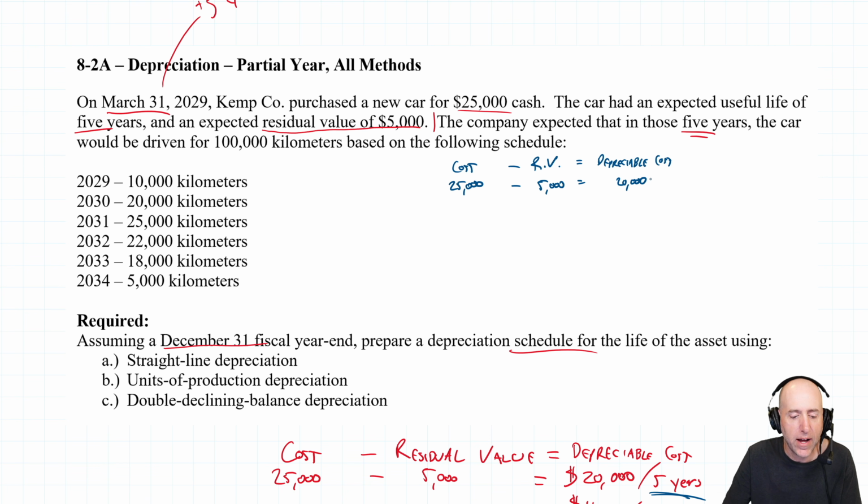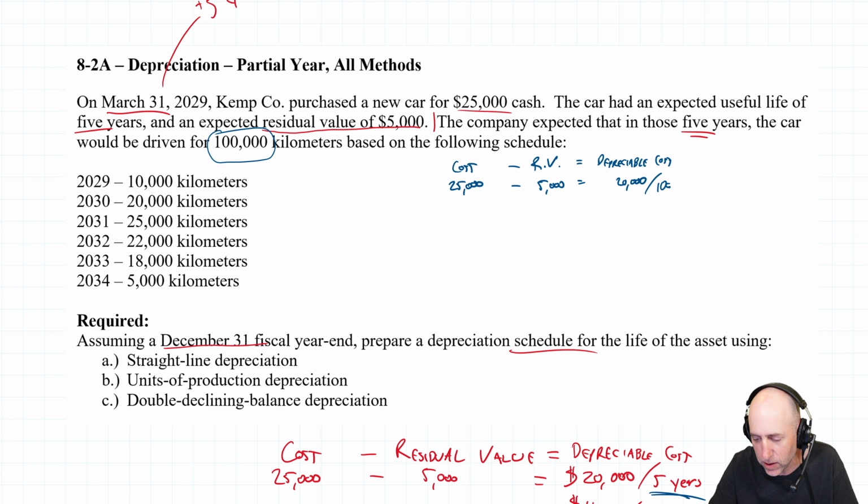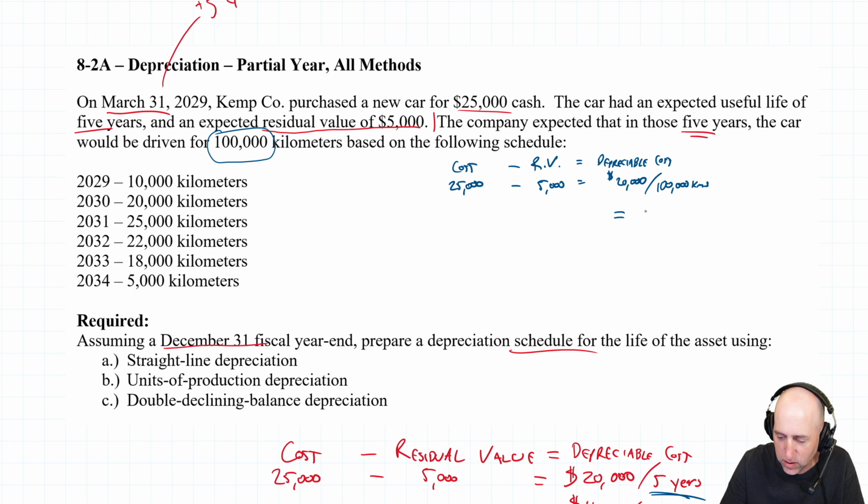Now, rather than divide by the number of years, 5 years, I'm going to divide by the estimated life in kilometers. I think I'm going to get 100,000 kilometers out of this asset. So it's $20,000 in depreciable cost divided by 100,000 kilometers. My depreciation rate is 20 cents per kilometer.